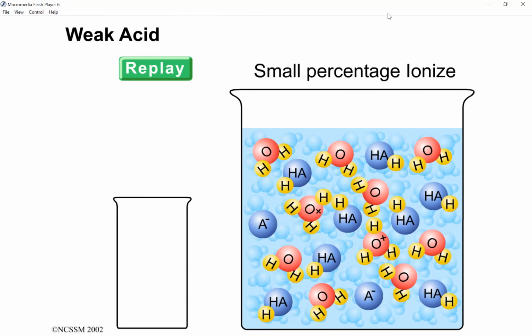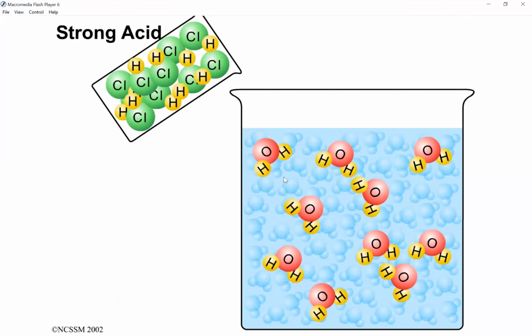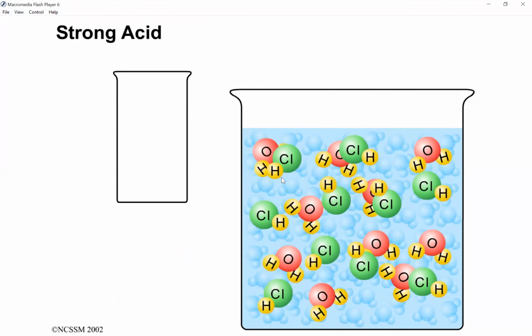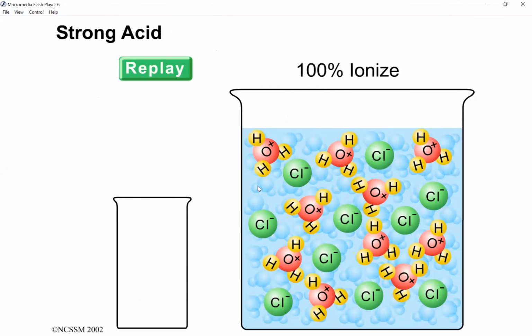Compare that to a strong acid. If you take a look at a strong acid, like hydrochloric acid in this case, because it dissociates completely, you have lots of ions in solution.